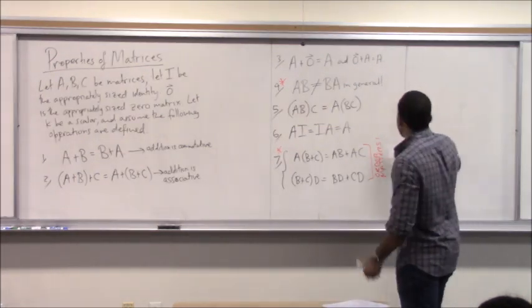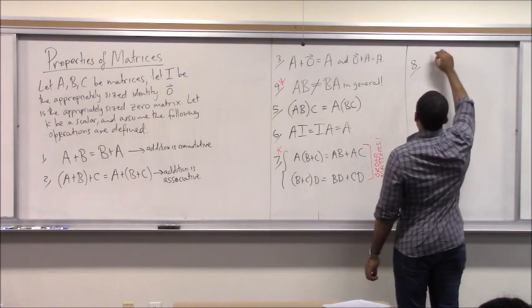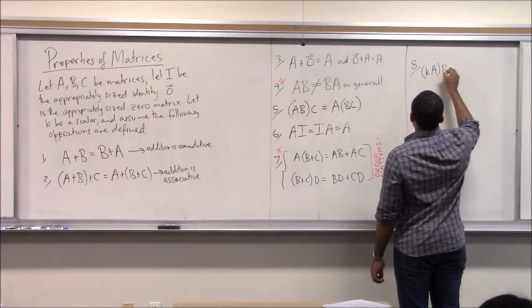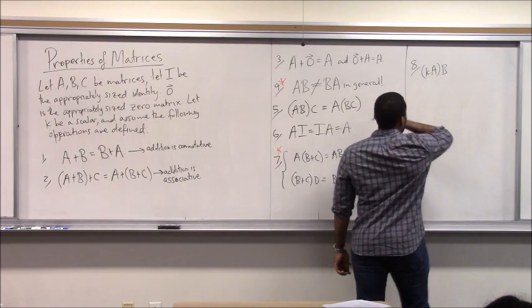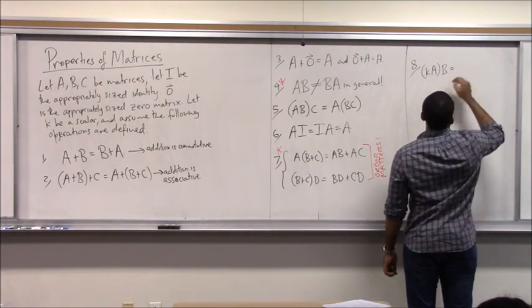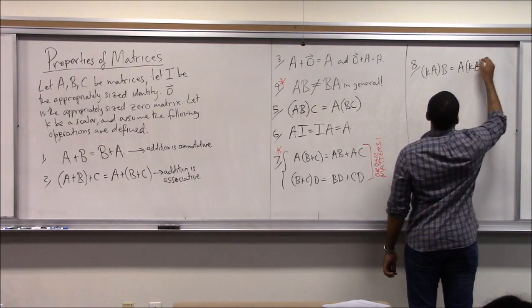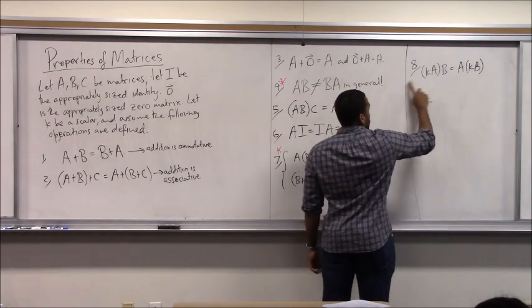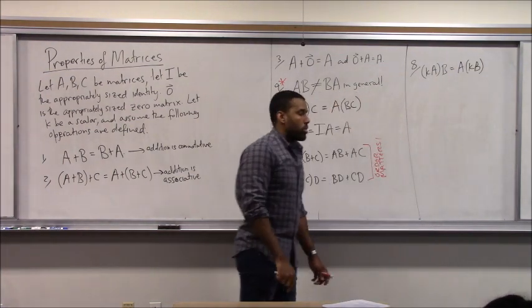The thing is, constants can kind of weave in and out. So if you have kA times B, so k is a number, and we already looked at what that means, then it turns out you can actually move the k in the middle. So when it comes to a scalar multiple, the order doesn't matter. You can multiply on either side, you can move it in and out of matrices.